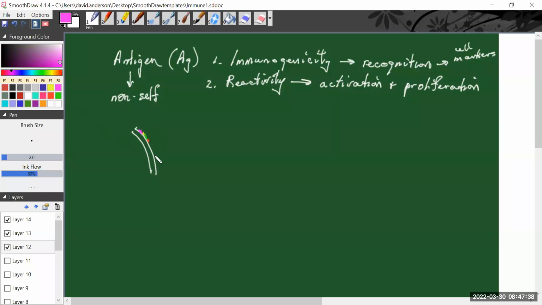So here we have a series of proteins. We've got purple, yellow, green, and this sort of orangey red color. So we got a series of markers in a sequence, and I'm just saying that in this example, that represents a self cell. Any other cell in the body has any other sequence.